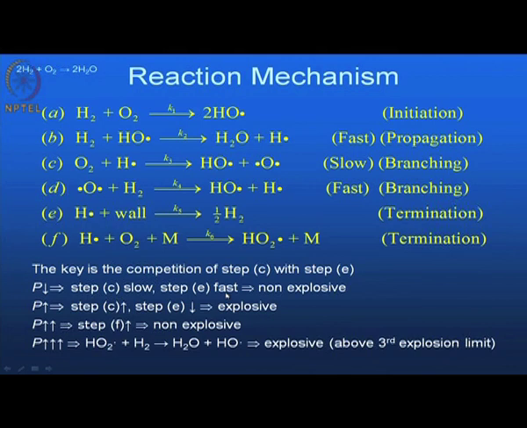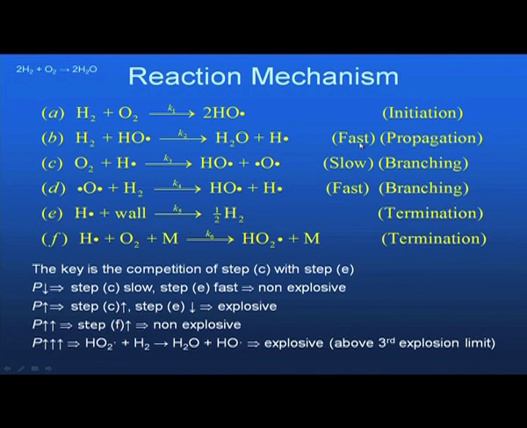Now, the mechanism is like this. H2 plus O2, this is the initiation step, producing 2 OH dot, OH radical. Then this OH radical will again react with H2 to produce water and a monohydrogen, hydrogen atom.